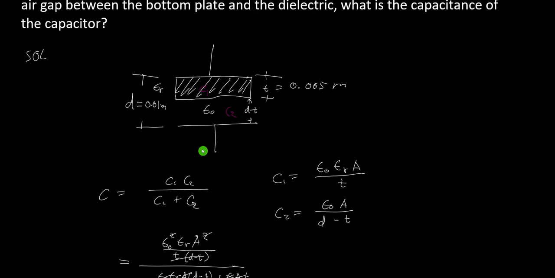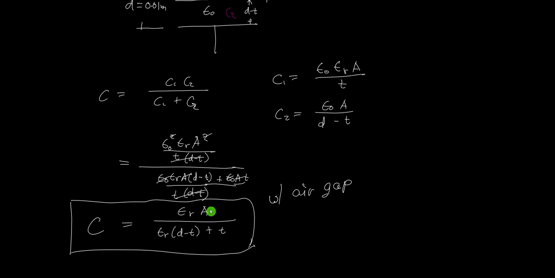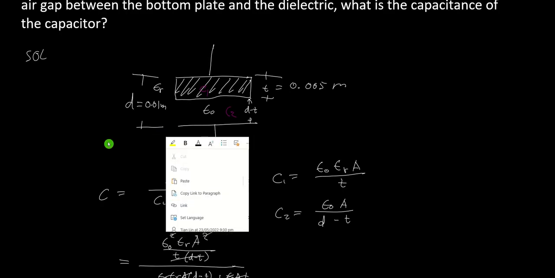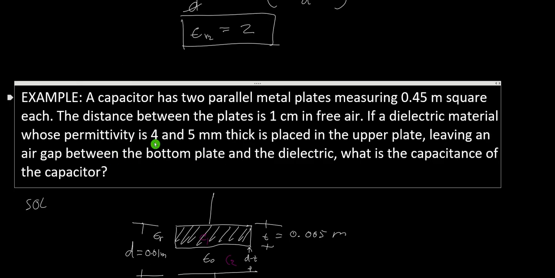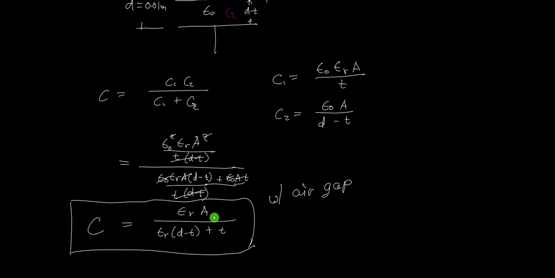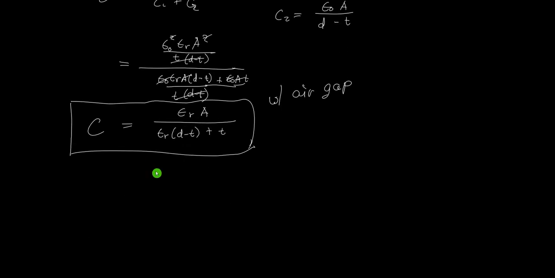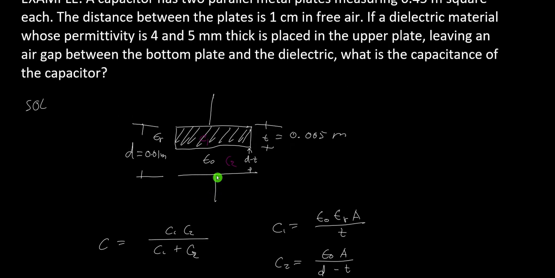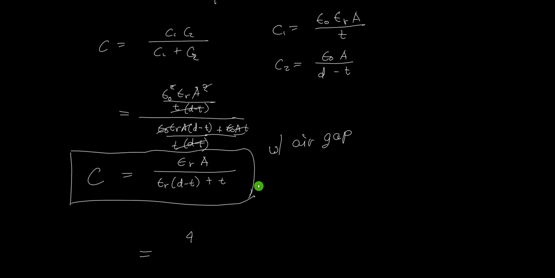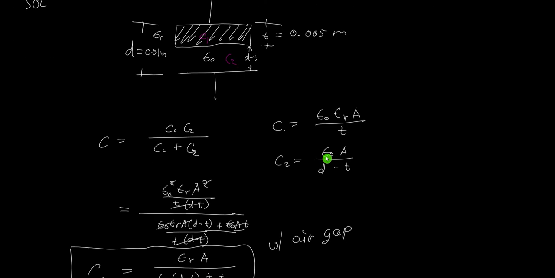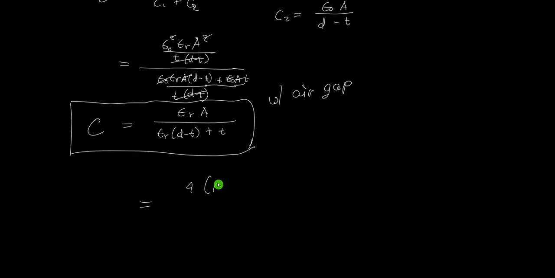Then given area, we already have area 0.45, given epsilon R, the relative permittivity of the dielectric, which is 4, and we have area, we have D, and we have T. So the capacitance now will be equal to 4. Is that 4 epsilon R? 4, yes. Then you multiply it with the area, 0.45. It's in meters, so we don't need to convert that anymore. We are all in meters.